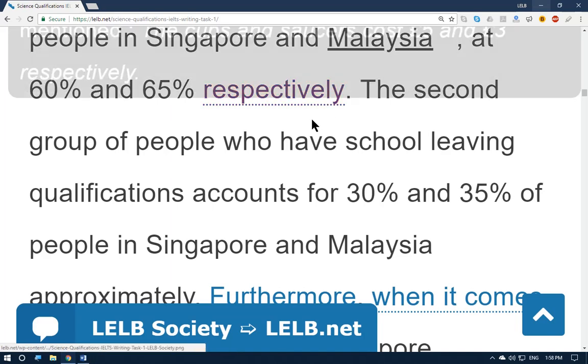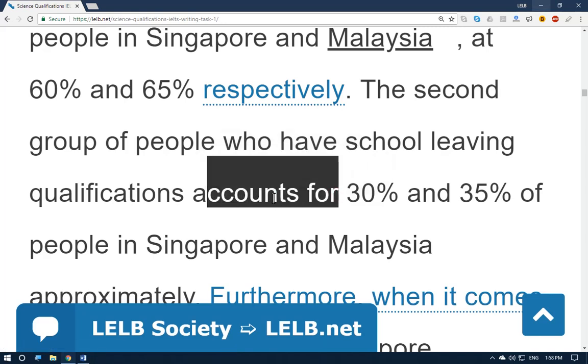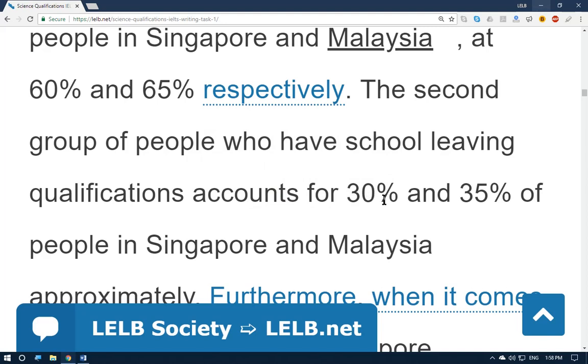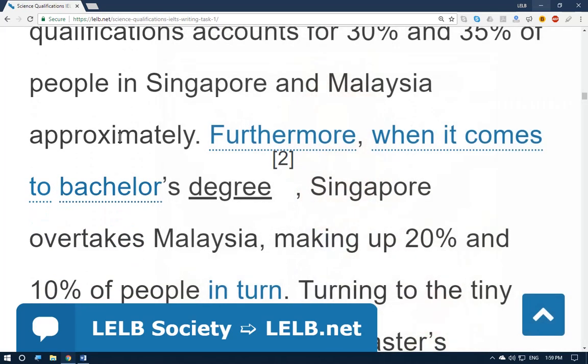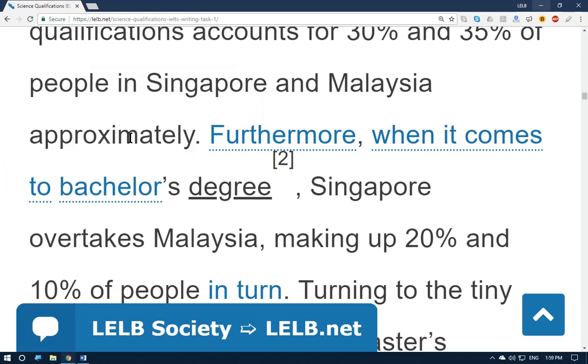So the second group of people who have school leaving qualifications accounts for, or you could say represents, constitutes or makes up, 30% and 35% of the people in Singapore and Malaysia, approximately. Approximately means nearly. When you use digits and numbers to show the quantity of something, approximately is a good adverb if you are not certain about the exact quantity.